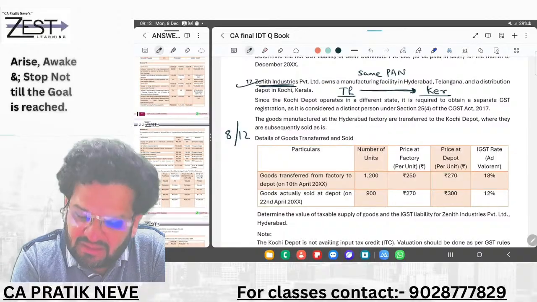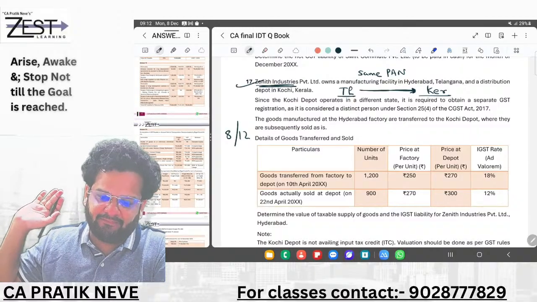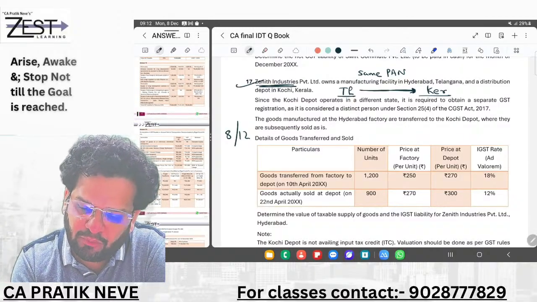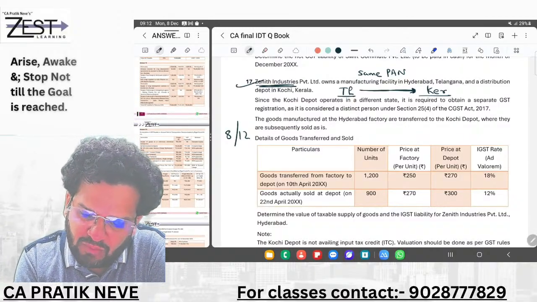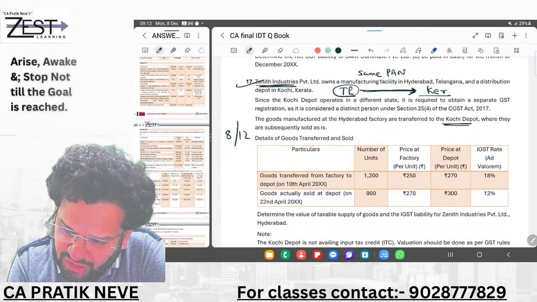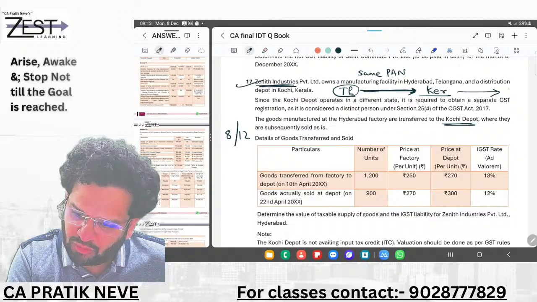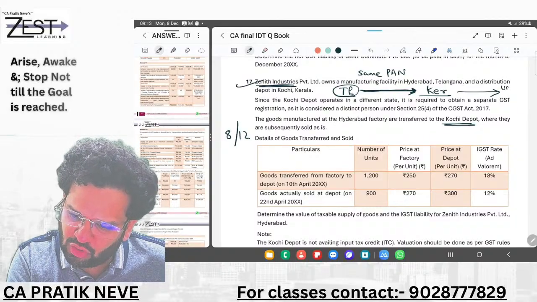Now you know they are distinct persons. Whatever they send to each other will be treated as supply. Goods manufactured at this Telangana factory are transferred to Kochi depot where they are subsequently sold. From Kochi depot, they are sold, and assume that they are sold to unrelated parties.